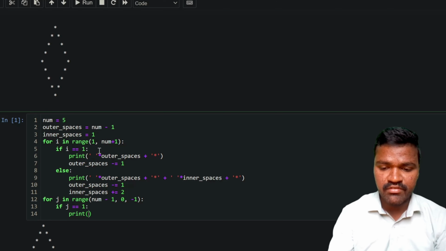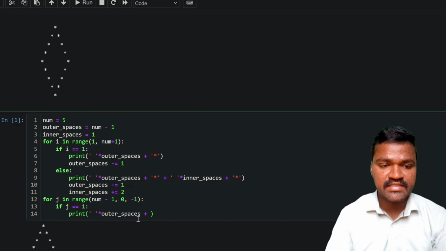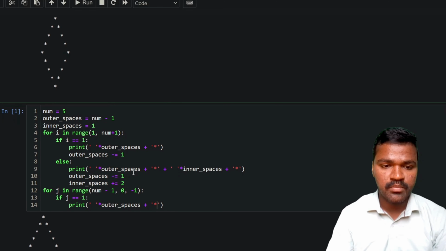For that, I will use outer spaces first: I have a space, and I will multiply this with the outer spaces. Later, I will concatenate these outer spaces with the actual single star here.